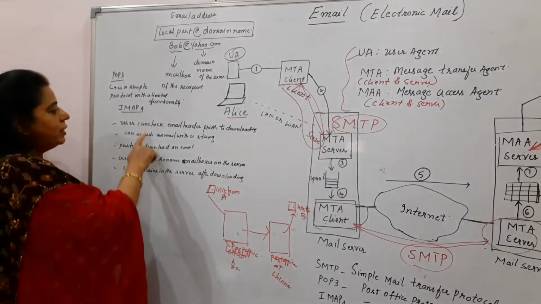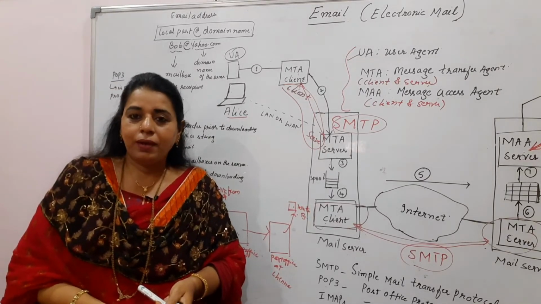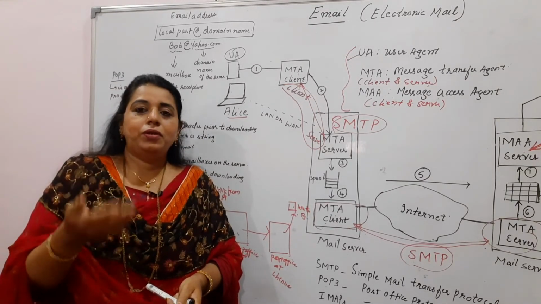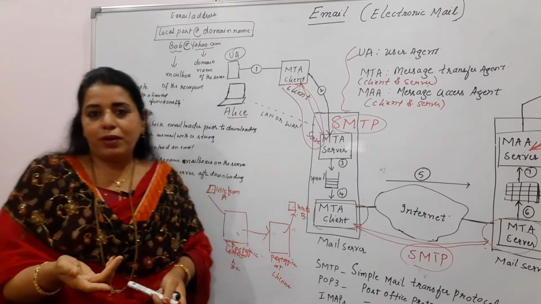So what are those functionalities? It can check the email header prior to downloading. Before downloading, you will read the header of that email. If you are interested, you will download that email, otherwise you will not.